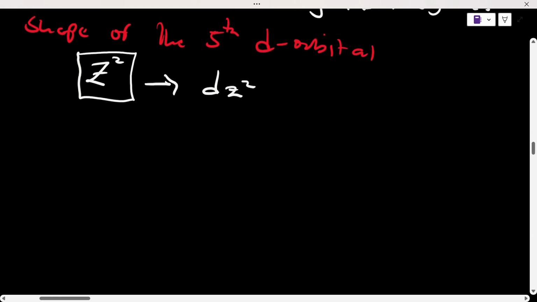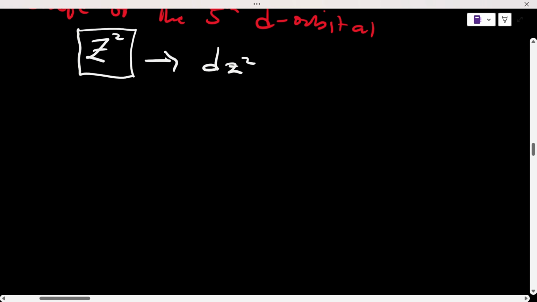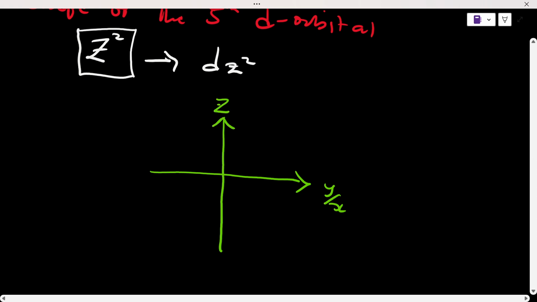I want to show you how that is drawn. Even though I'm doing it in 2D, if you can get a 3D, it can be better. I'm going to draw the first line. So this is y over x. Then this is z.